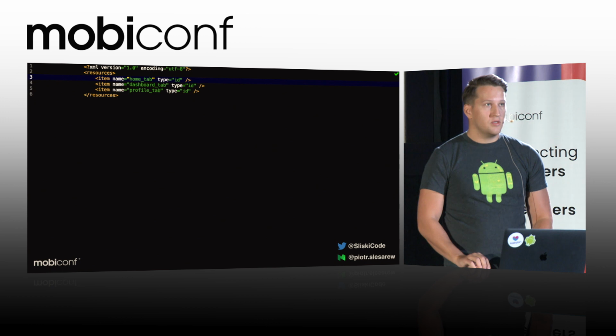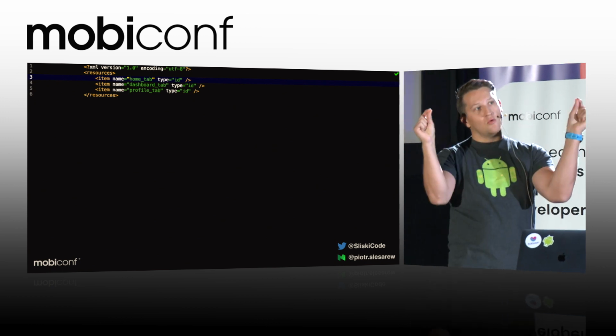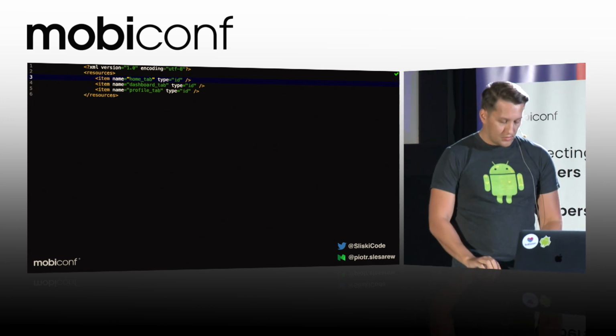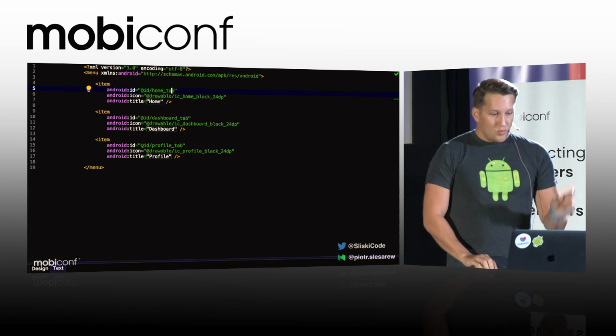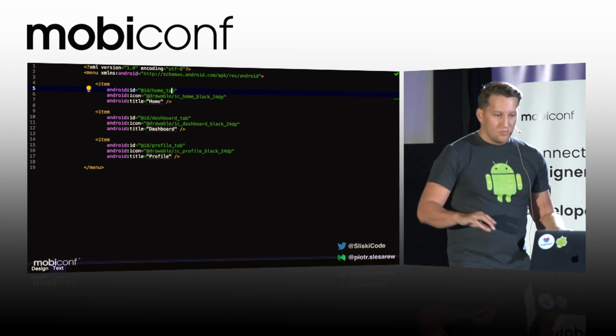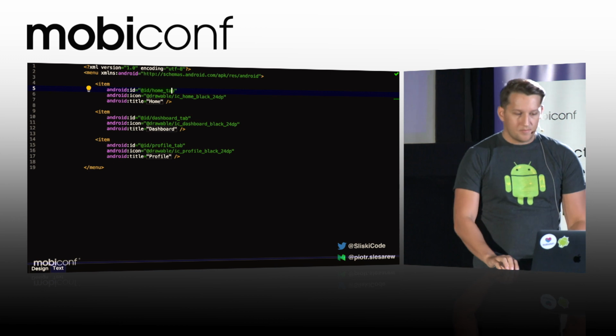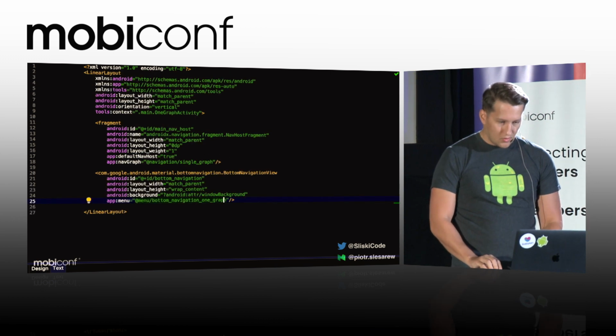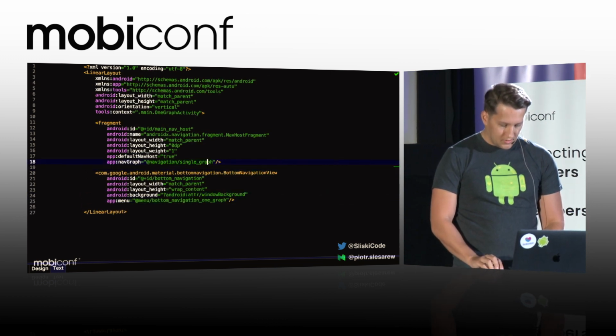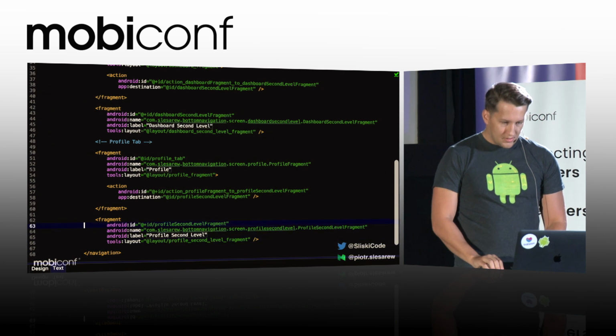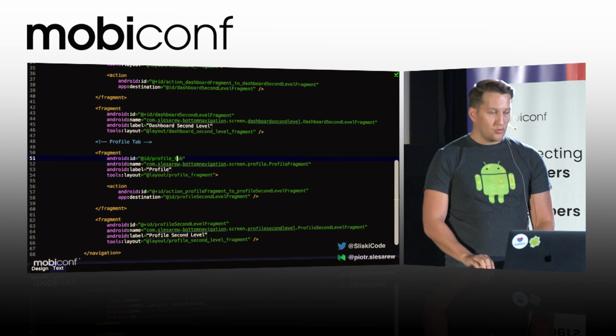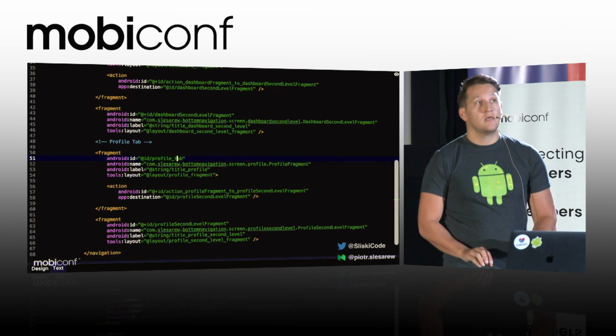And then we can reuse it. So from this one place we can glue our resources. Here we have a home tab, dashboard tab and profile tab. And also when we go to the single graph, you can see that for the profile tab I'm not creating, but I'm reusing the ID.